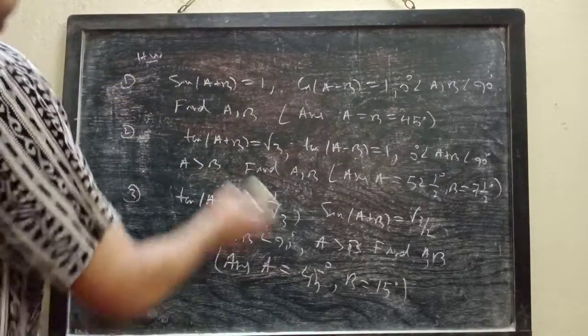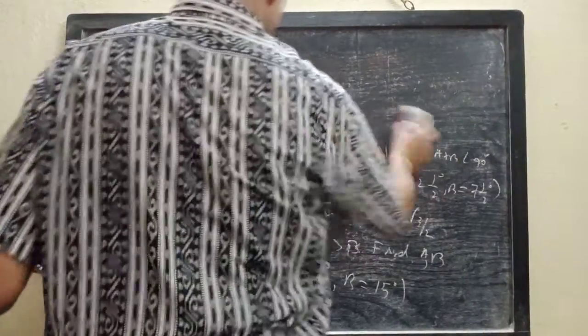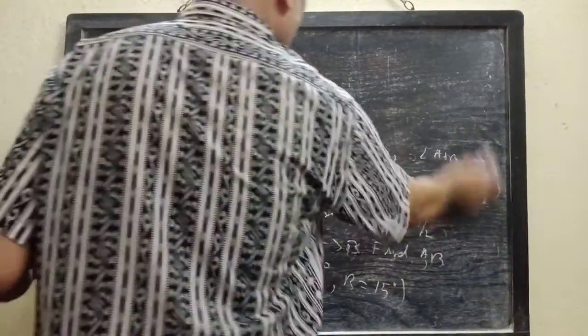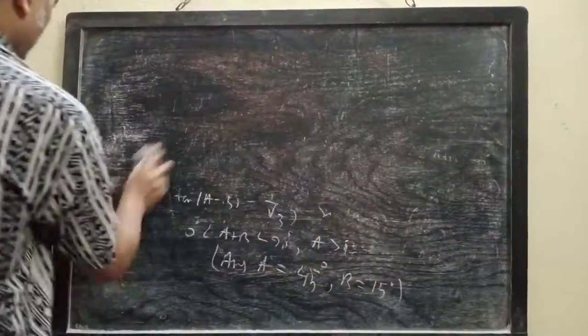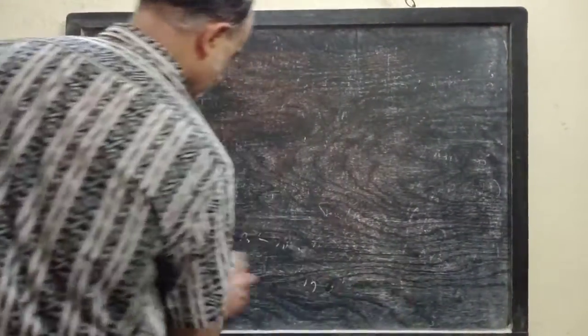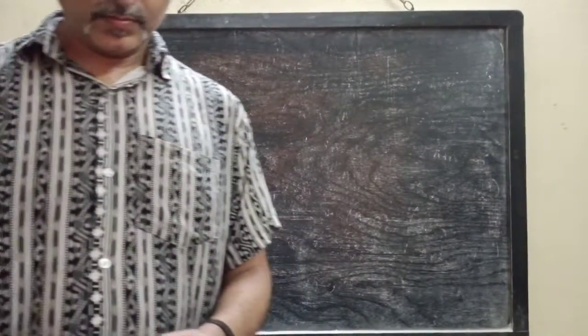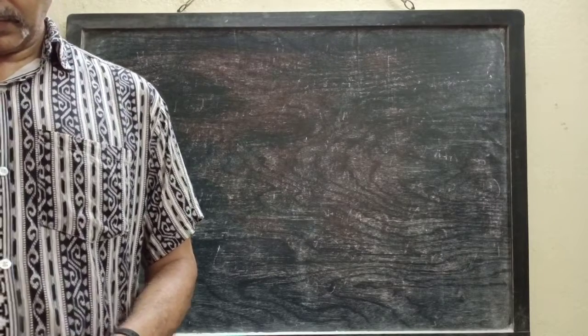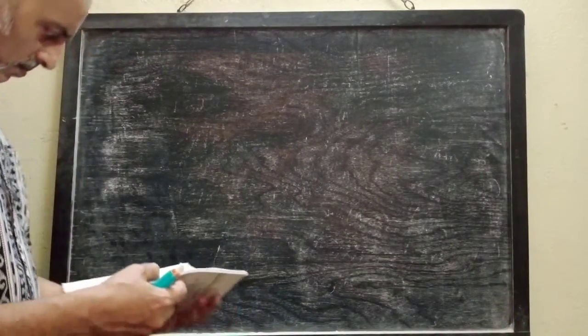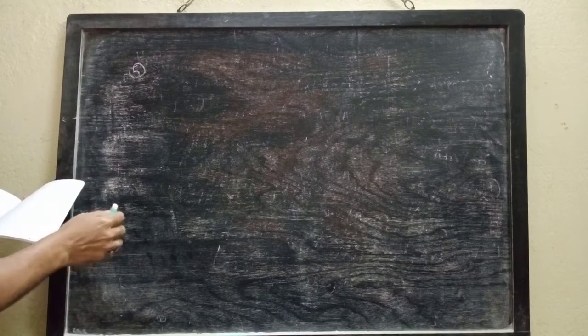And the last one. Sin A equals 1 by root 5.